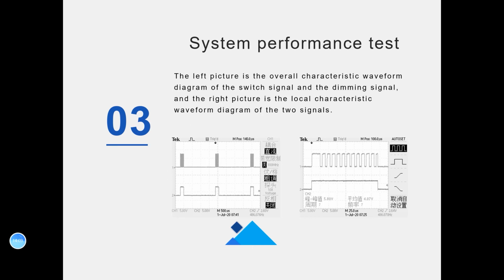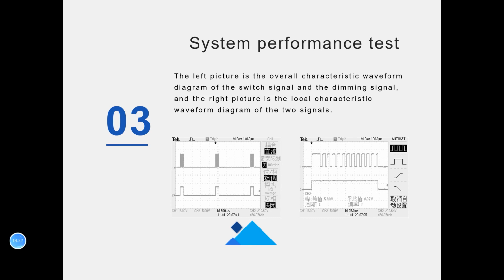This picture shows the corresponding relationship between the switching signal output from HV9910B and the dimming signal input from the panel of PWMD. Channel 1 is the switching signal and channel 2 is the dimming signal.